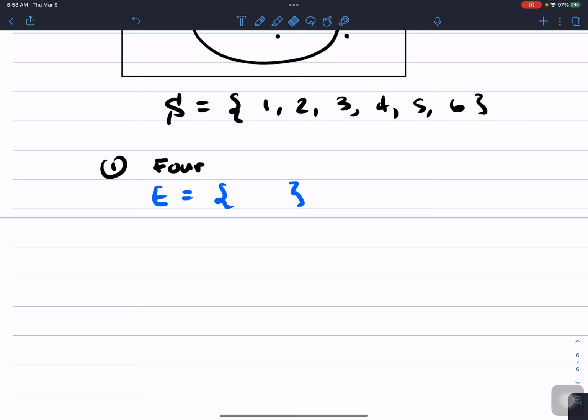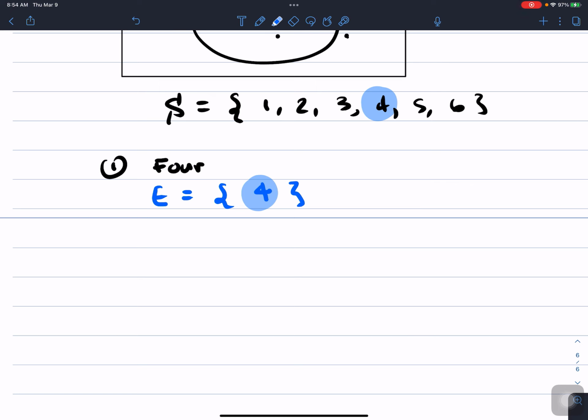It's right in front of you. Which outcome is the 4? Anybody have an idea? Which outcome is 4? 4. So ladies and gentlemen, there's your subset. You list the 4. You guys okay with that? Is that easy?